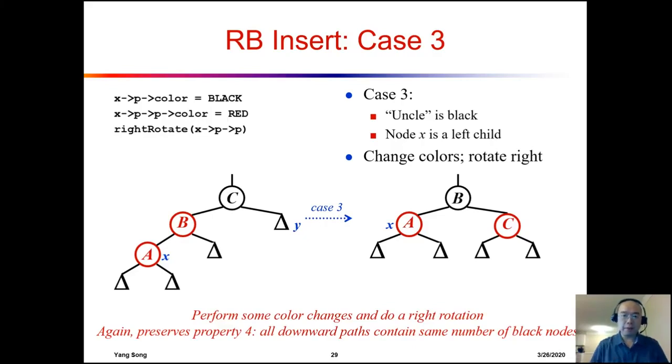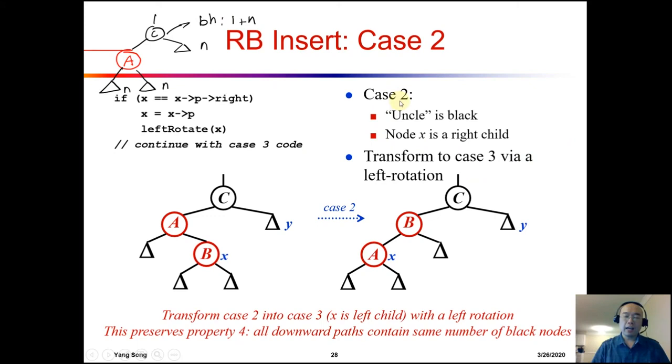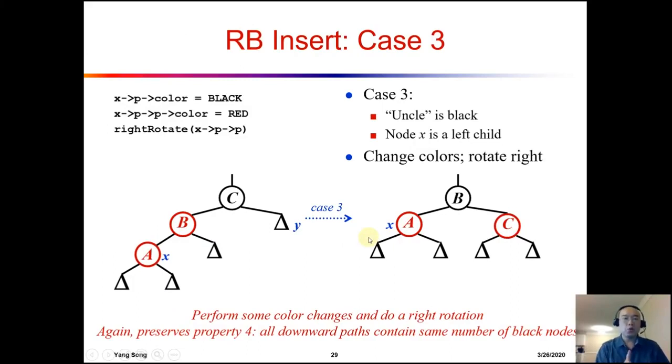So let's step back again. For case 2, B's uncle is black. However, B is a right child. We don't want that. We want to do a rotation so that B has a left child A, and after that we have C, B, A. It transforms to case 3.